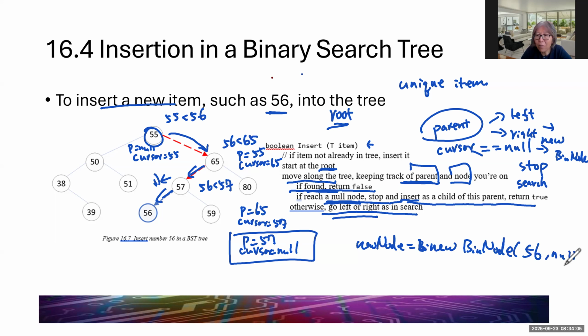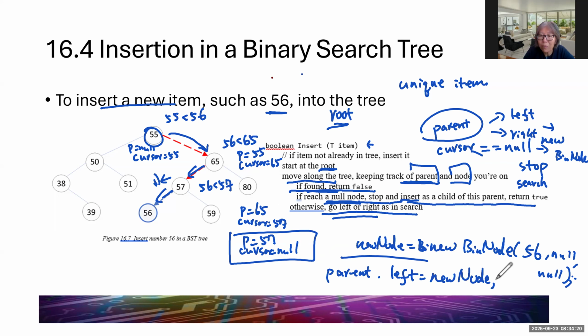Then in this case you set the parent's left equal to this new node. So the parent's left doesn't point to null anymore; you let it point to this new node. That's how we do the insert.